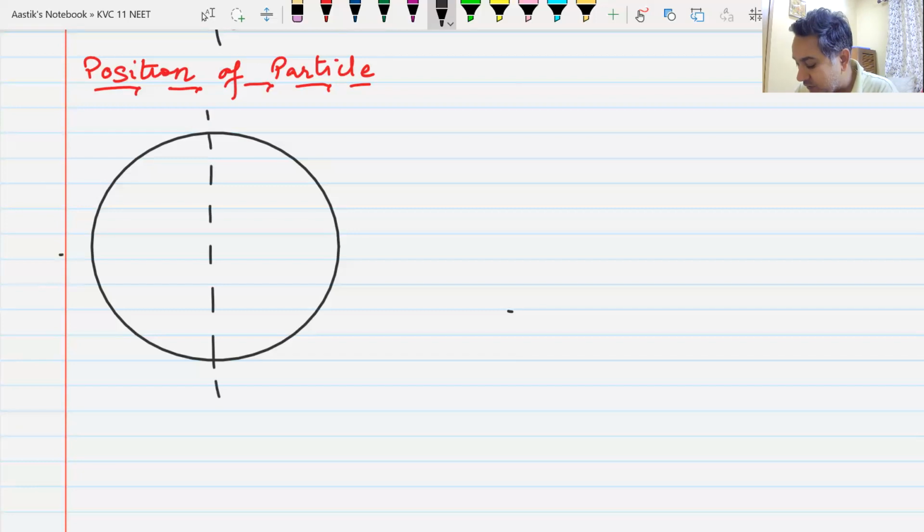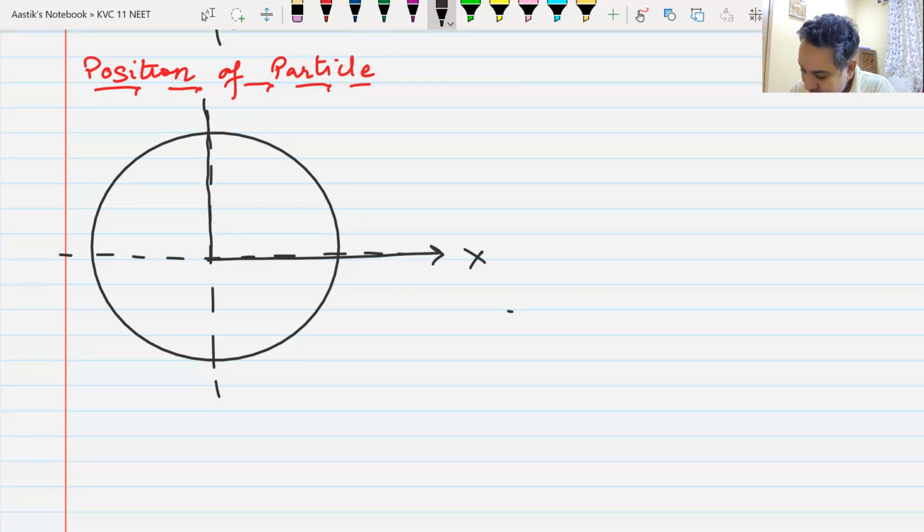This is an example of motion in two dimension because both the x and the y coordinate of the particle are changing. So one way of telling you the position is I draw my x-axis, I draw my y-axis. At any point, if the particle is here, I can tell you its x coordinate.